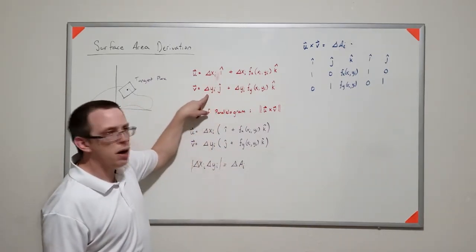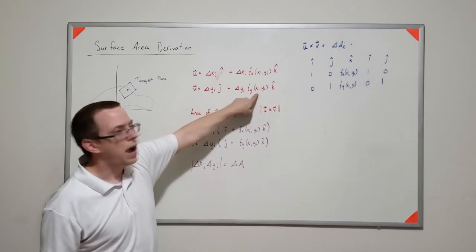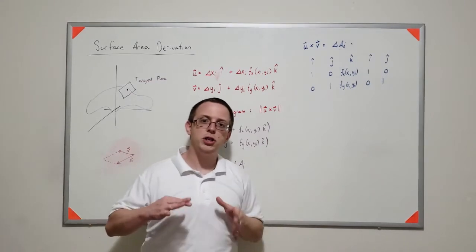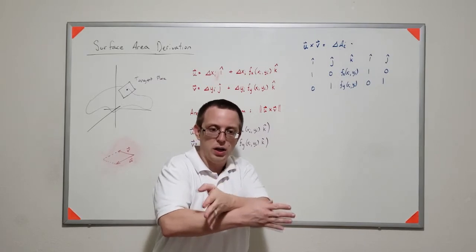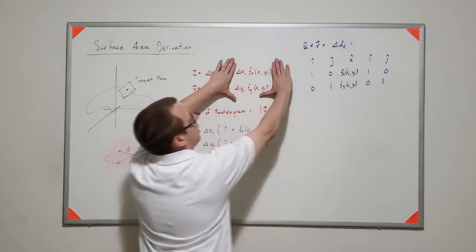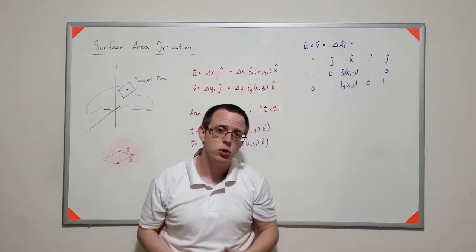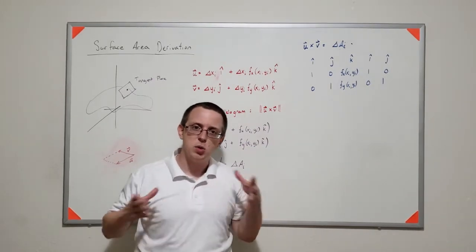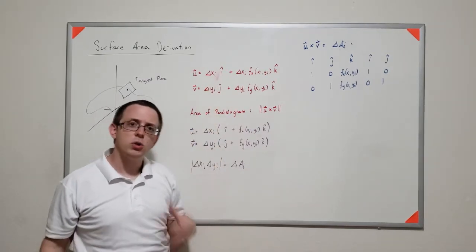And similarly, how much the function changes in the j direction, the y direction, multiplied by the actual input, should get you some sort of scaled number that says if I change this much in the x direction and this much in the y direction, how do I get my total change in the z direction? And if you look at these components outside of the k, they are the components of that total differential delta z. That's the idea: this is the expected change in z based upon these changes in x and y.